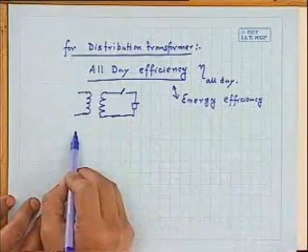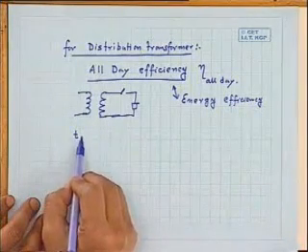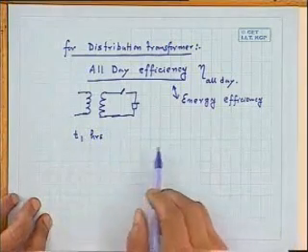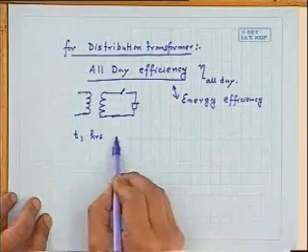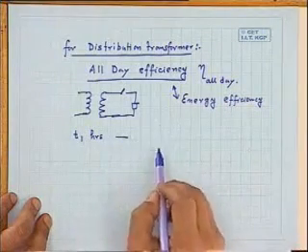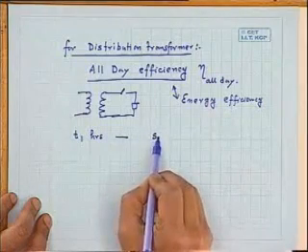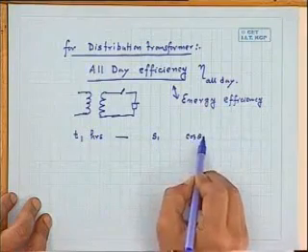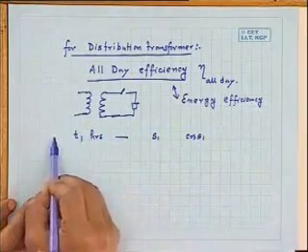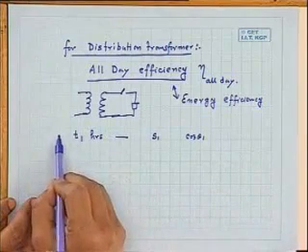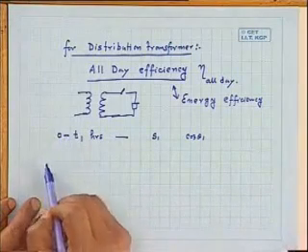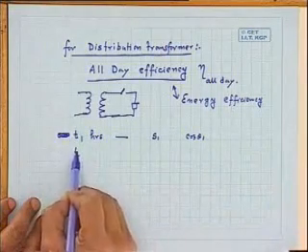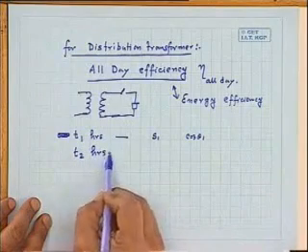Now suppose you do like this. Round the clock, for the first T1 hours in a day, beginning from say 6 a.m., you note down the loading on the transformer. Suppose it is S1, and the average power factor of the load is cosine theta 1 for T1 hours.